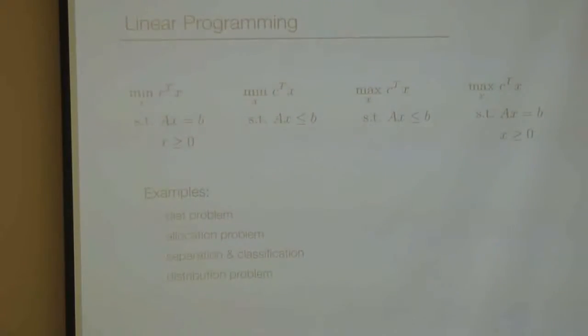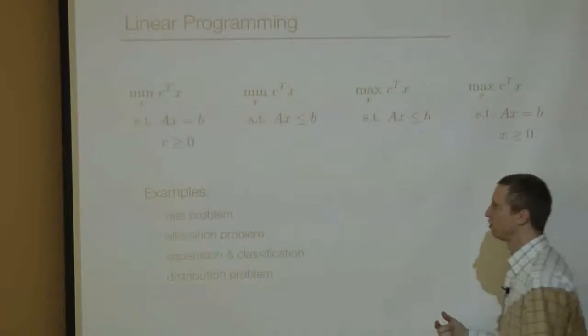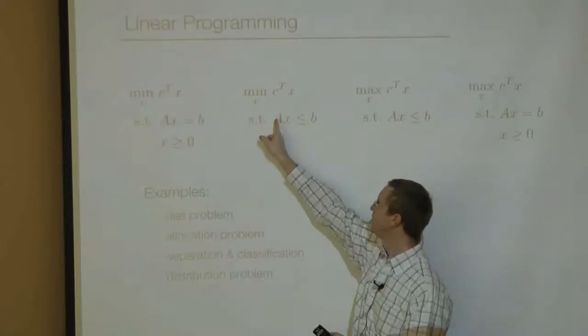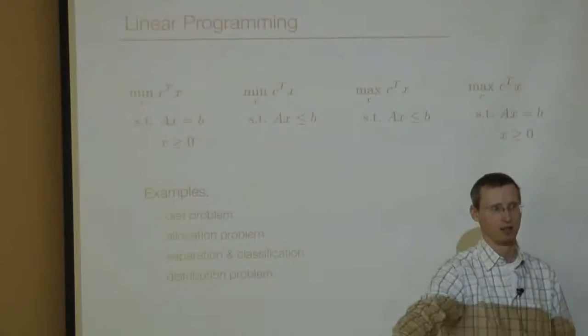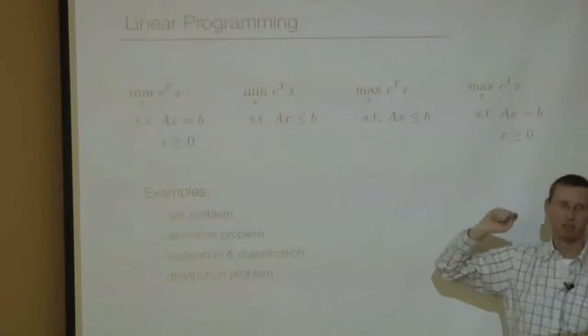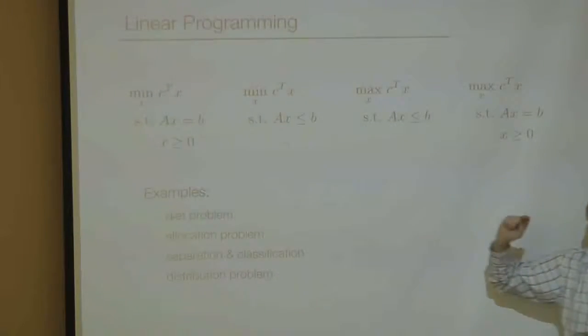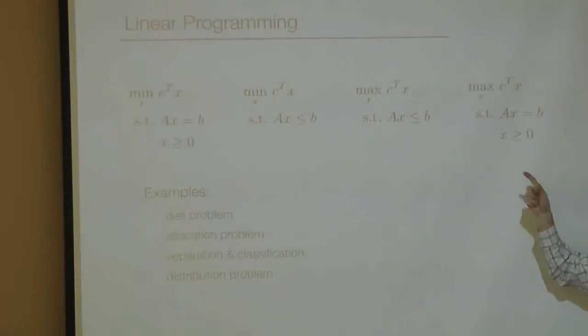What the solver usually asks you for is: give me c, A, b, and I give you the solution. But you have to be aware whether the solver performs minimization or maximization. You have to be aware whether A and b are for the inequalities or for the equalities. So for that you need to study the manual of the solver to see what input format you need to provide.